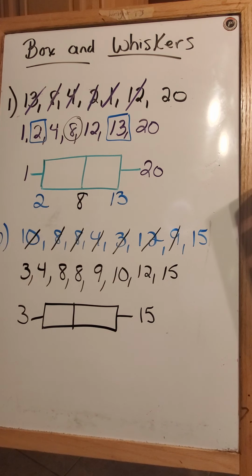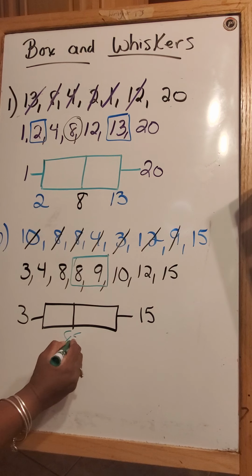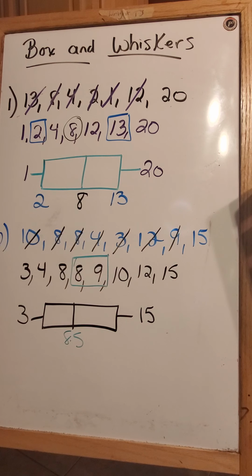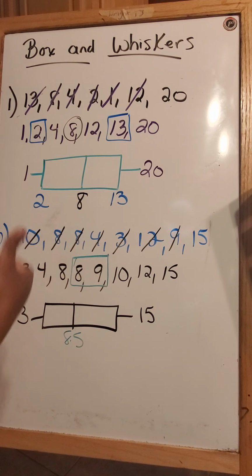So, because those two are in the middle, you're just going to do 8 plus 9 and divide it by 2. And you'll get 8.5. So 8.5 is your median. Okay, again, because these two are in the middle together, you do 8 plus 9 divided by 2. And 8.5 is now your median.